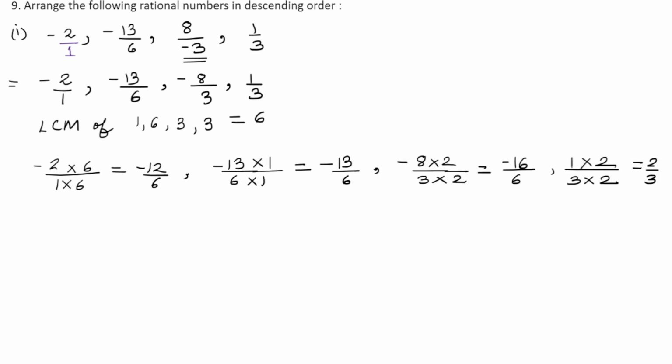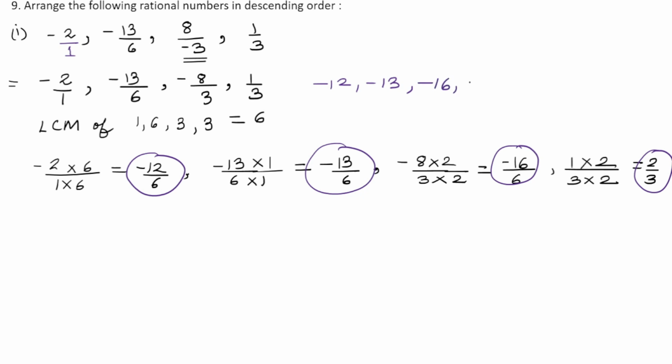Now we are going to compare all the numbers having 6 as denominator. So just compare their numerators. Now if you check the numerators, we have minus 12, minus 13, minus 16 and 2. Among these, the largest number is obviously the positive number, which is 2 by 6.